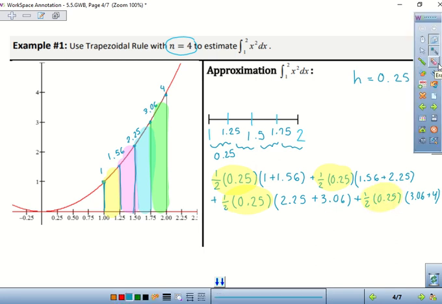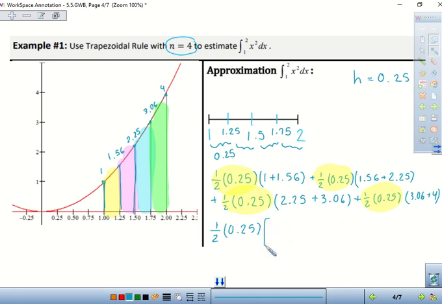Factor it out, right? So I end up factoring that value out. Okay, that's basically the 1/2 times the b minus a, that's where that first part of the formula comes from, okay? That would be 2 minus 1 divided by 4. That's where the 0.25 comes from.